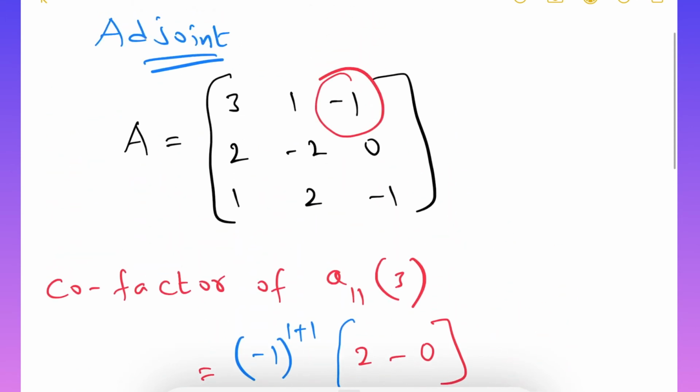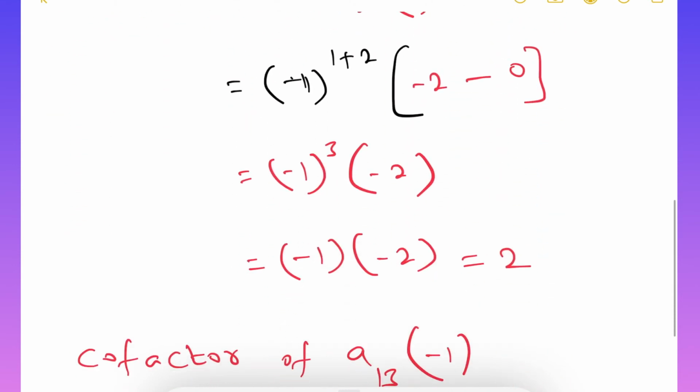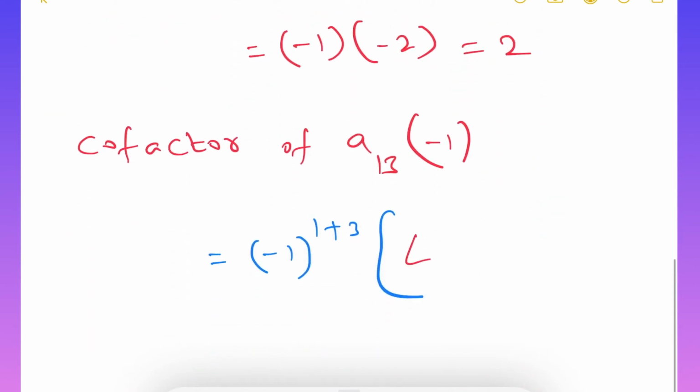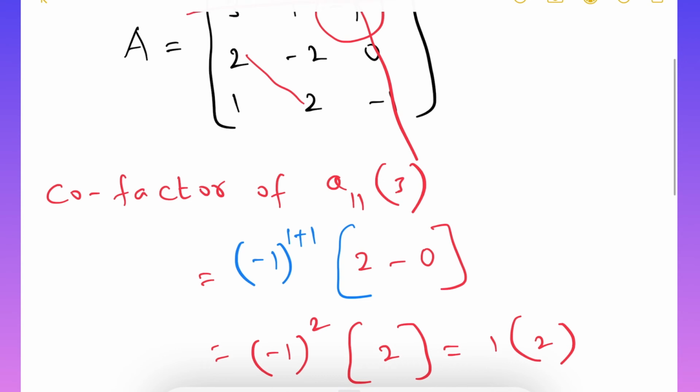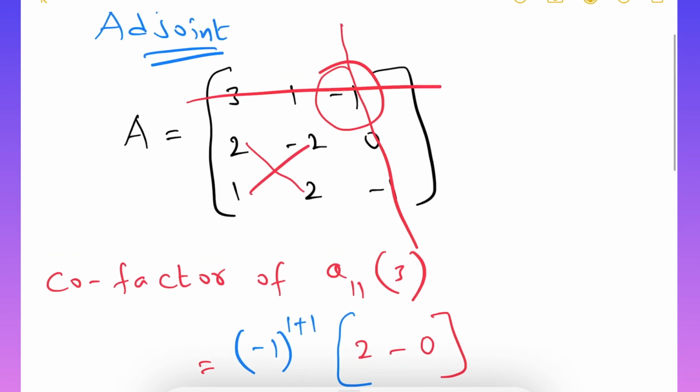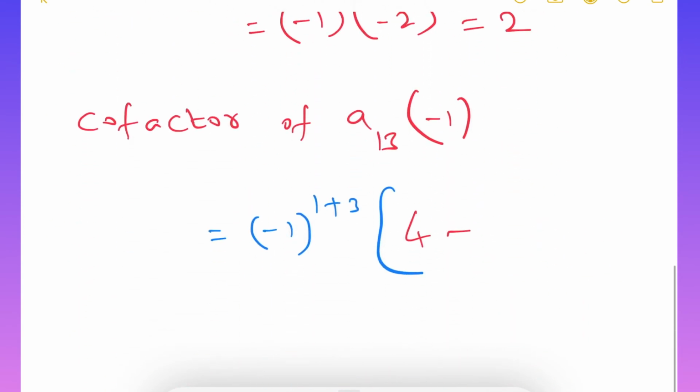Delete the complete column as well as complete row where that minus 1 is there. Now remaining we got 2 comma minus 2, 1 comma 2. Let us find the determinant of this. 2 2s are 4, minus 1 into minus 2, minus 2.